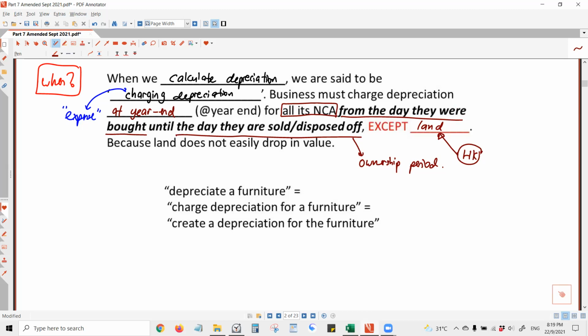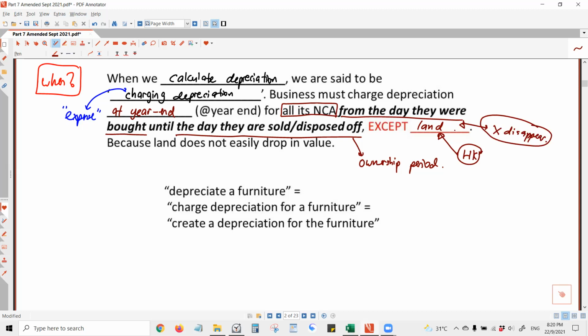If you have a lot of money in Malaysia, maybe you can just buy a condo in HK. So the reason is this: land doesn't disappear easily. How can a land disappear? Maybe through disaster, like a tsunami, then land can disappear. But generally, they don't disappear.